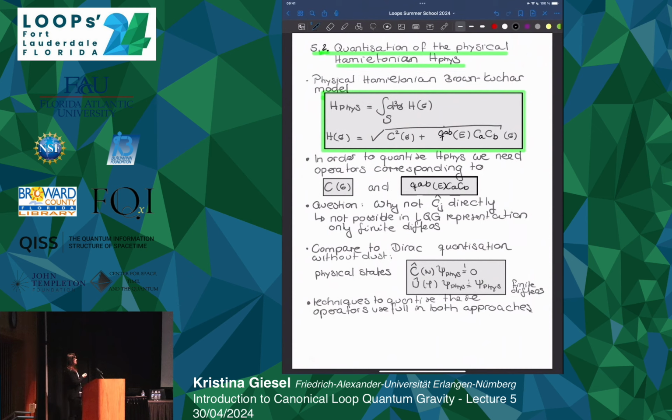Now let's come to the dynamics, which means in this model that we have to quantize the physical Hamiltonian.